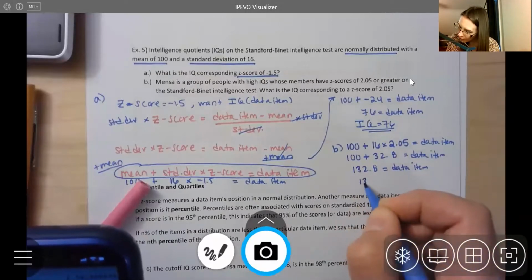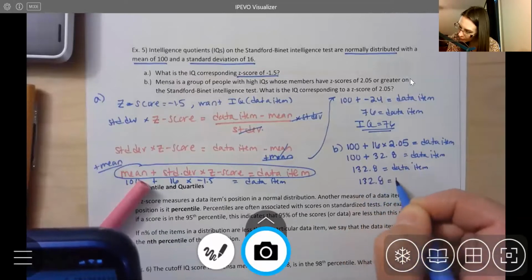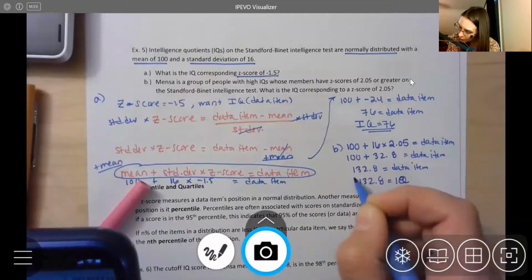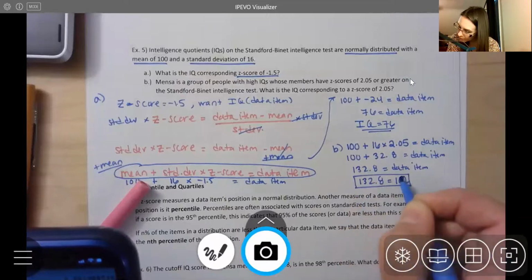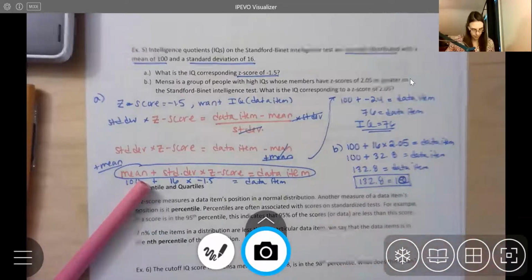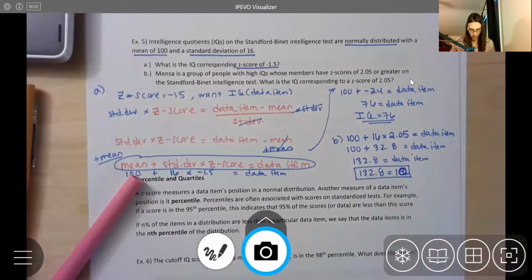So my IQ here for the answer would be 132.8. Now, just as a note from your textbook, it does say an IQ score of at least 133 is required to join Mensa. So this gets rounded up to 133 instead here.